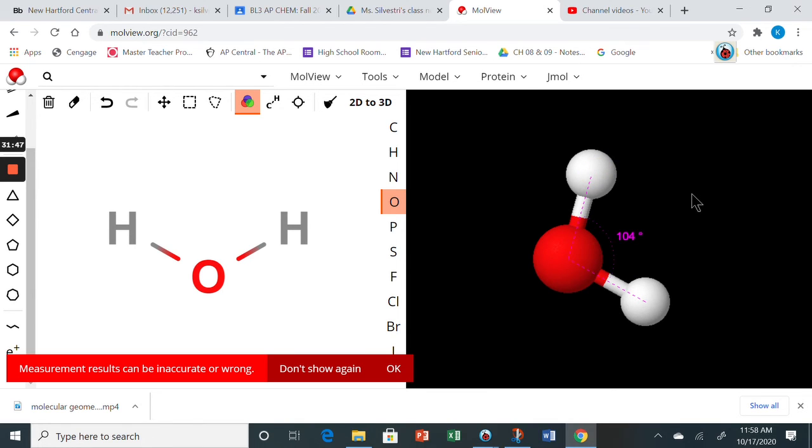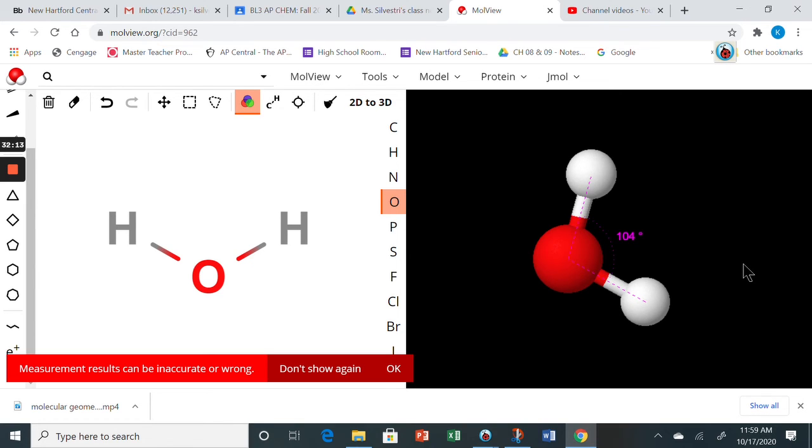104. So if you don't remember it's 104, and you remember that the group starts at 109.5, and AP says what's its bond angle, you say there's 2 lone pairs that push the angle closer together because they have repulsion up here, so the angle will be less than 109.